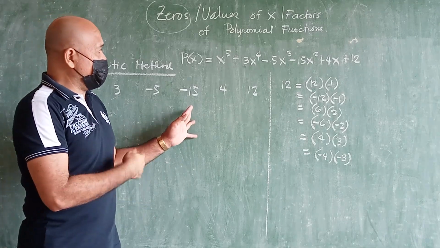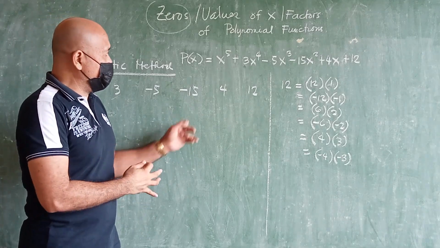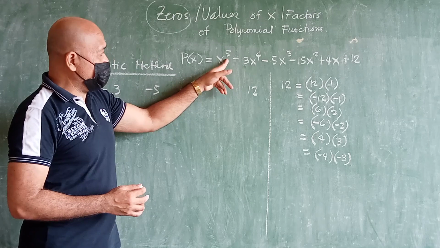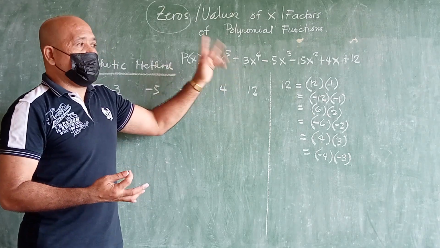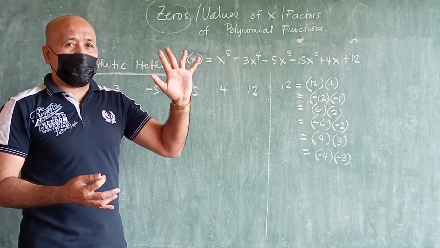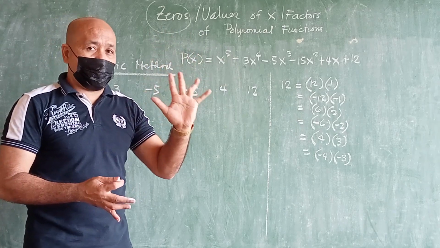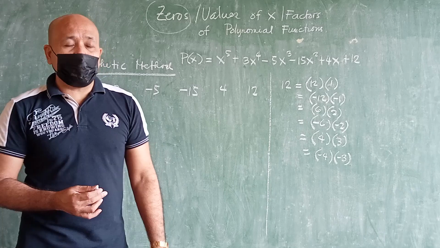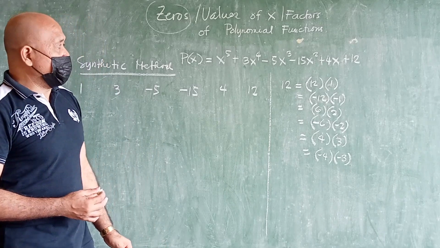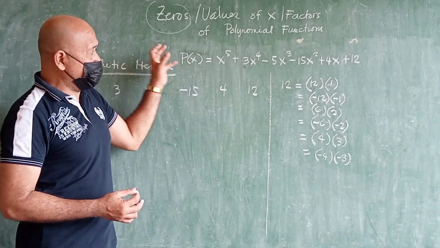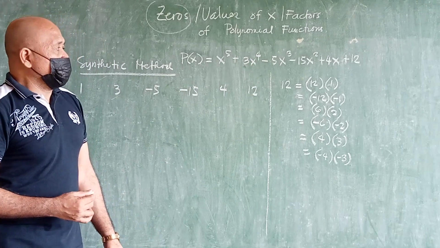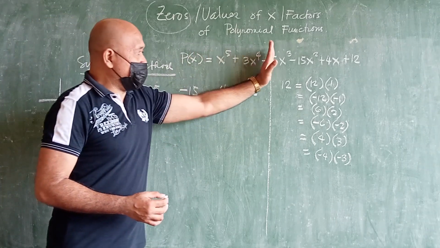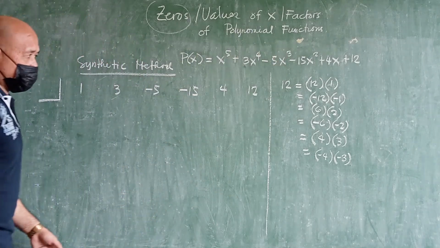The same is true here, that if the degree is 5, then there are 5 possible values that you need to find out as the values of x of this given polynomial function.